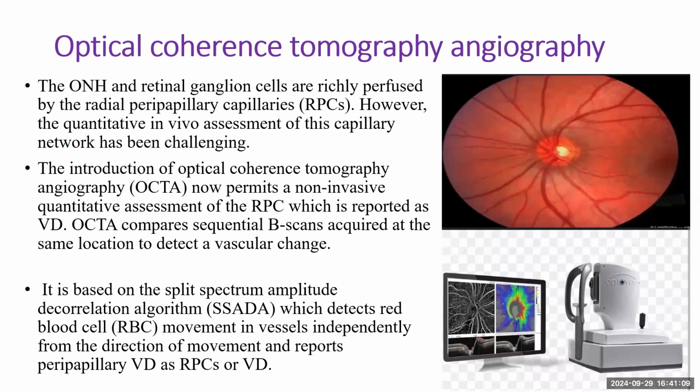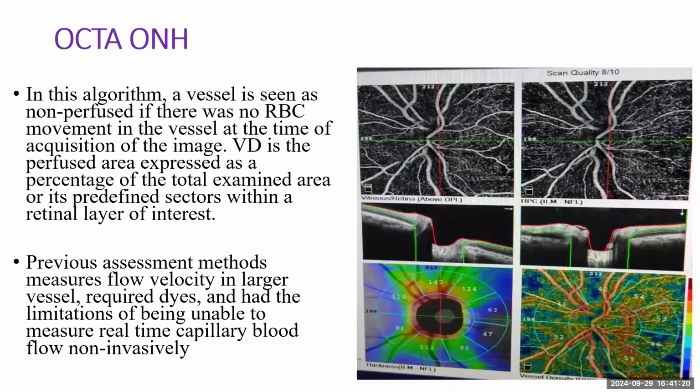And this is by following and tracking the motion of the red blood cells as they pass through these capillaries. So that's what I've said in short. Now that brings us to a good terminology that we should always remember, and that is vessel density, because the test results are given in vessel density.